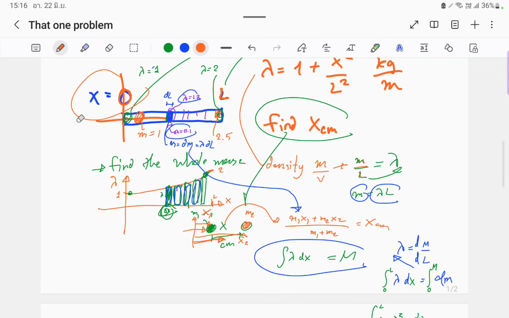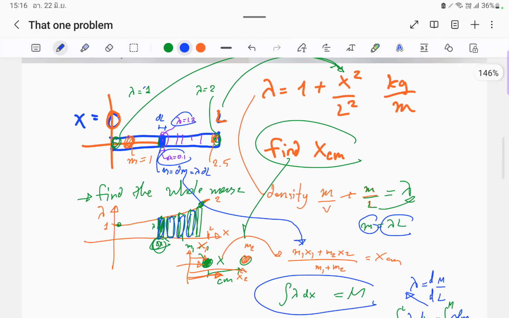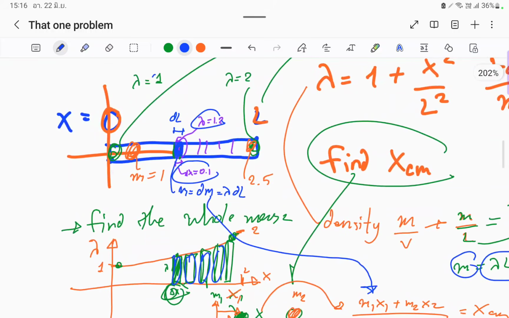So if you want to know how far this little section is from the 0, you need to find out how far that is. And in this case it's just an x value, isn't it? Because you already defined x like this, and x starts from 0 here. If you want to know how far this little section is, this length is just an x.